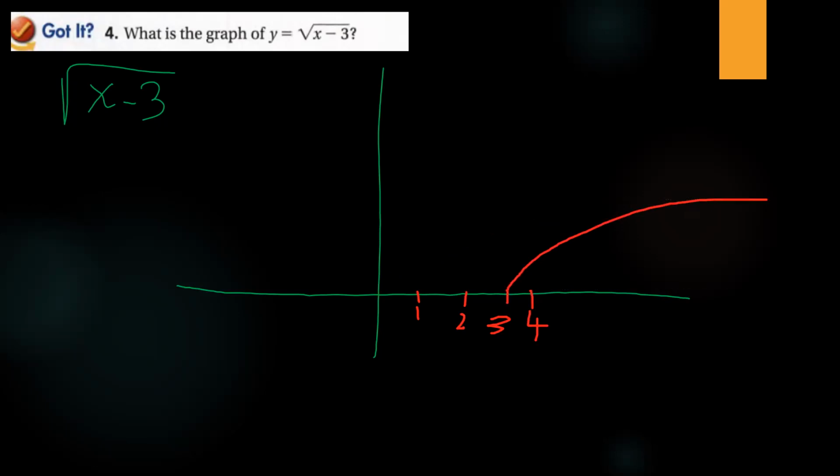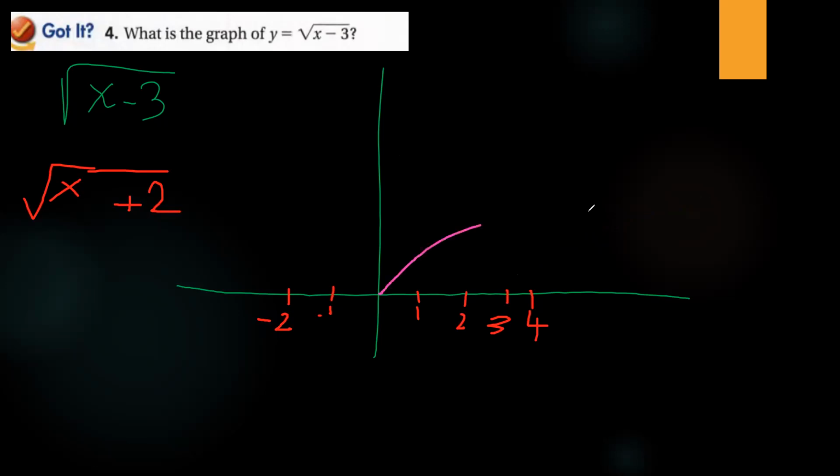If I have now another one, like square root of x plus 2, what does it mean? I'll shift 2 units left. Let's clear this one. Now, x plus 2. First of all, you have to draw square root of x.